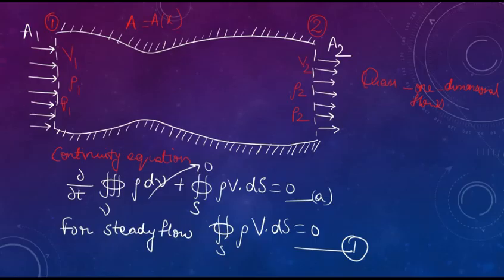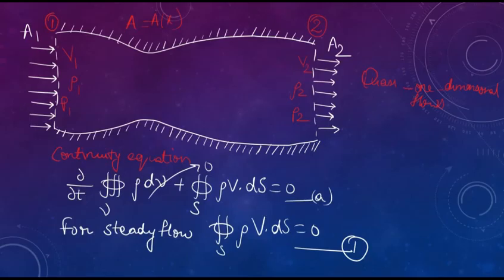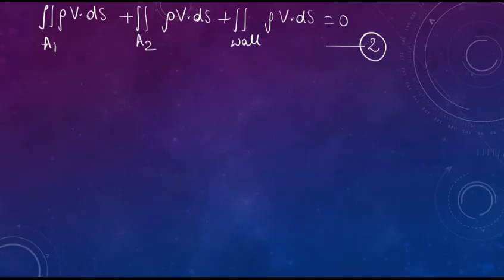It is also bounded by the upper and lower walls of the duct, as you can see. So let us write down the equation, and as you can see, we have considered steady flow here. Keep that in mind as we proceed with the derivation. Upon writing it for station 1 and station 2, this is the equation that we get.